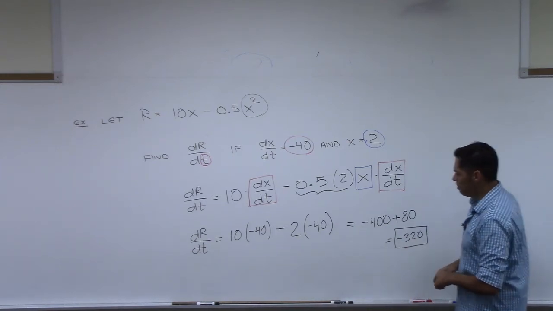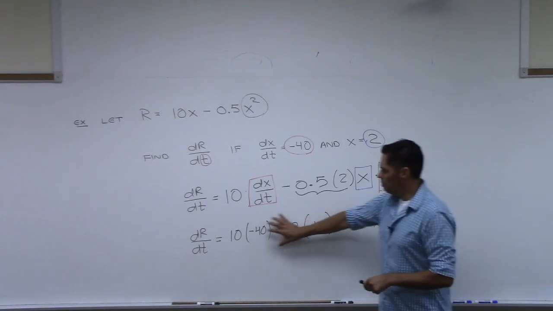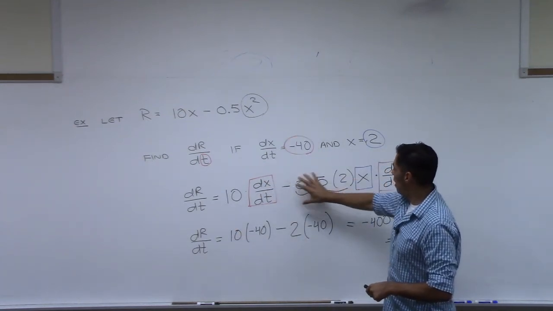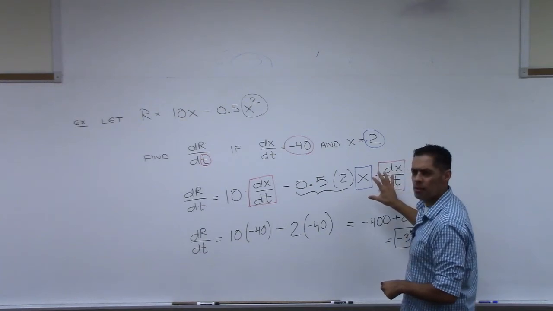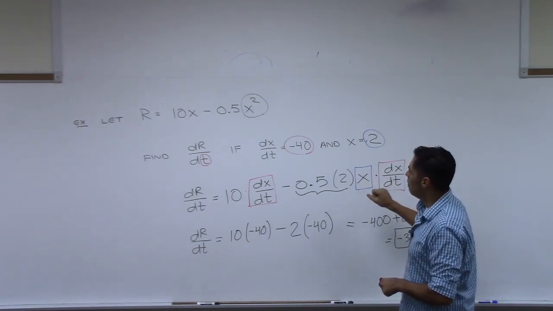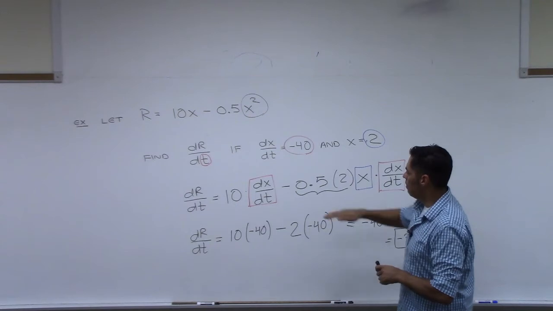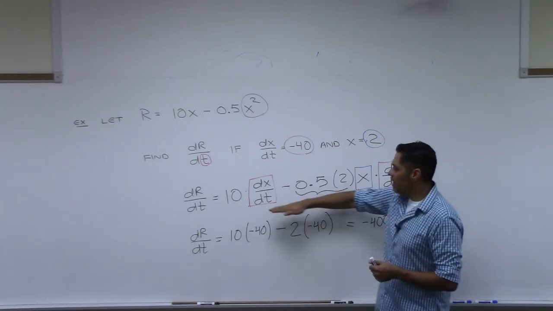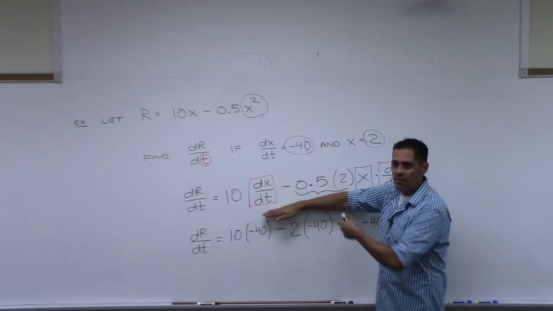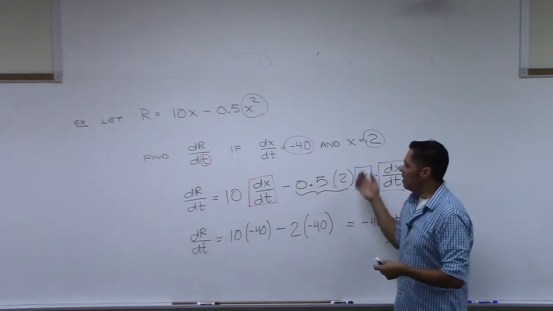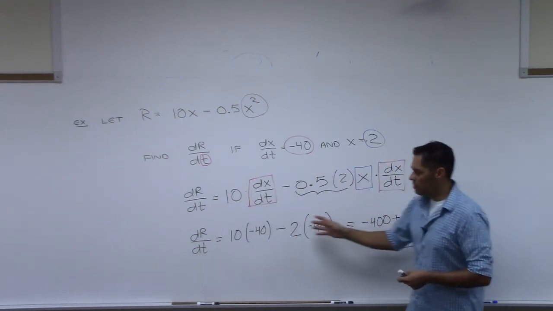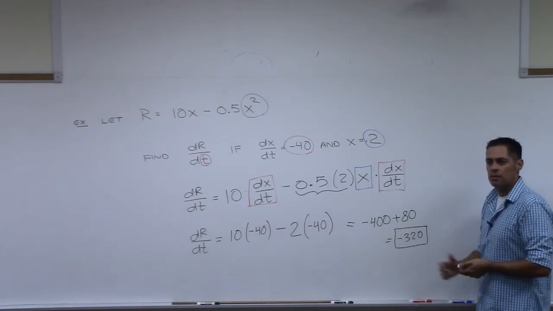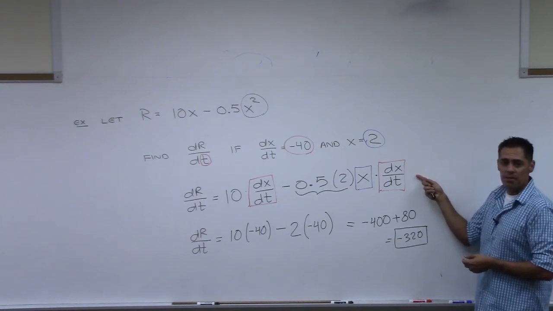Well, because we already have all the inputs, so we could just input all those into the equation already. You can't skip getting this, you have to actually get this derivative. But then you just plug them in, and you don't have to show all this work. As long as you plug them in and get this, you're good. But you still have to figure out what this derivative is.